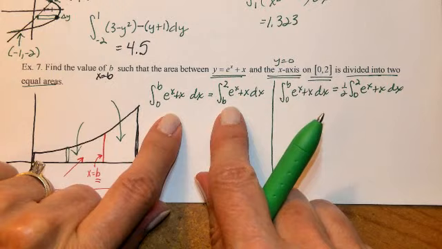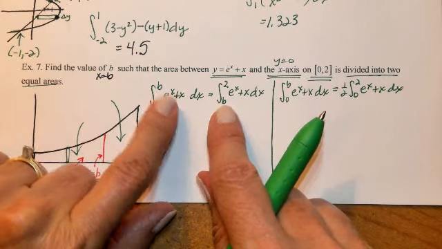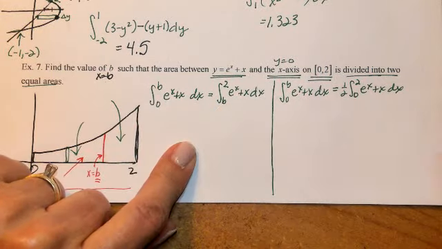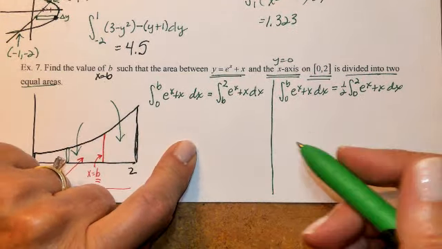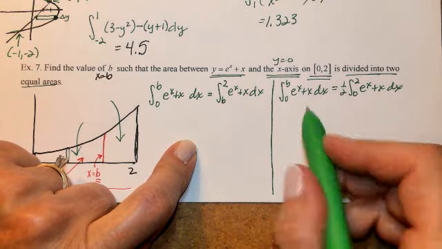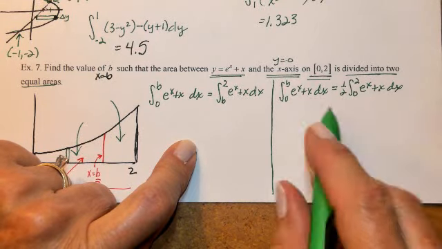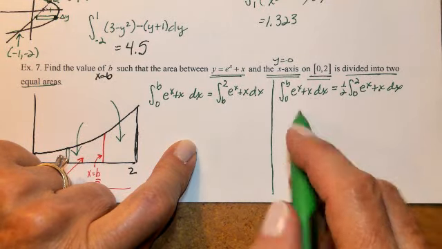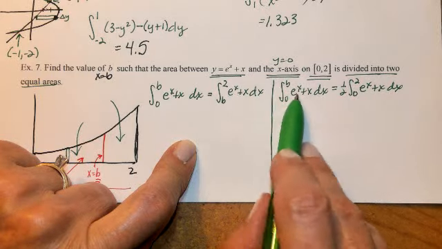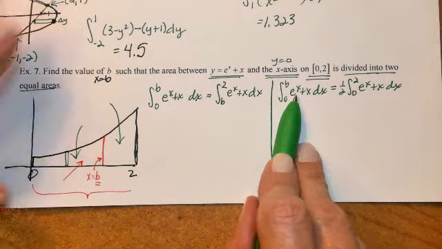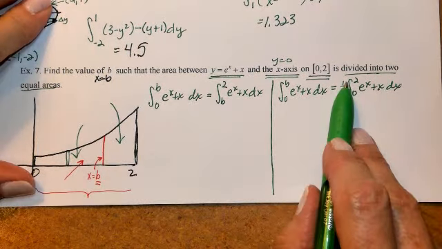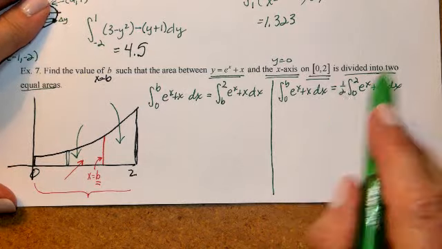I cannot use my calculator on either of these because of the b's in the integral. When I'm putting my integral in, those need to be numbers, right? So I'd like to use this one because it has numbers on one side anyway. I still will have to do some work by myself here, but at least I can use my calculator for that side. So that's what I'm going to do, okay?